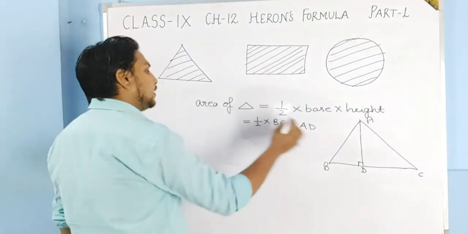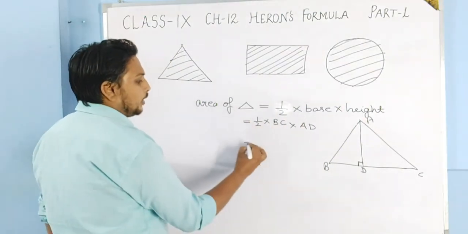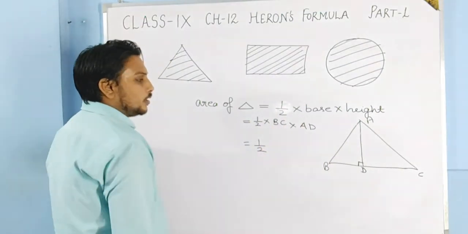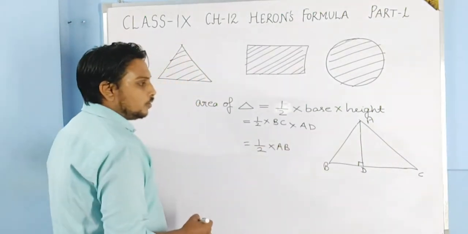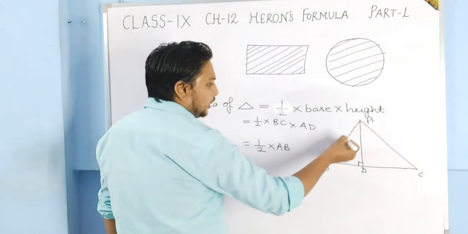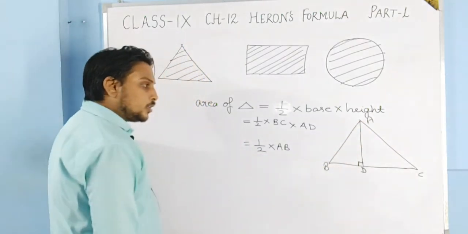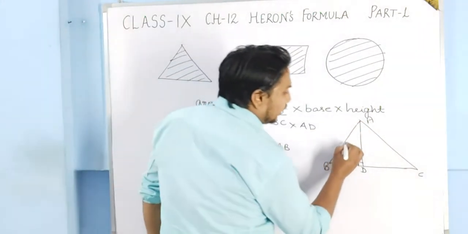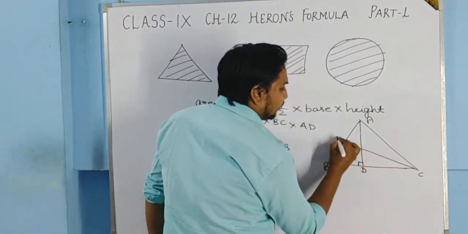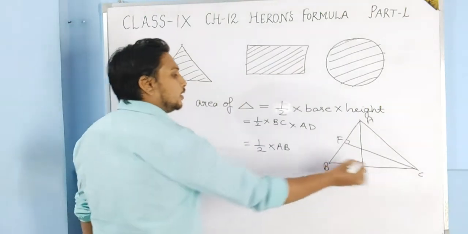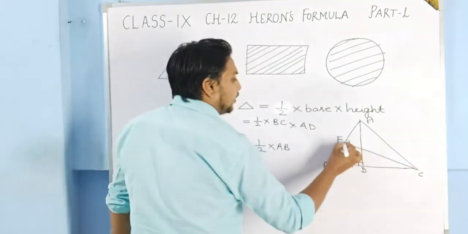This is the formula of the area of a triangle. If we take the base AB, then in that case you will take this height, suppose it is CF. This is the perpendicular.